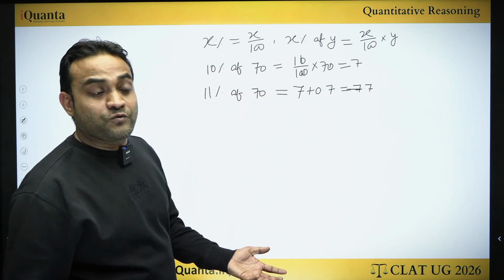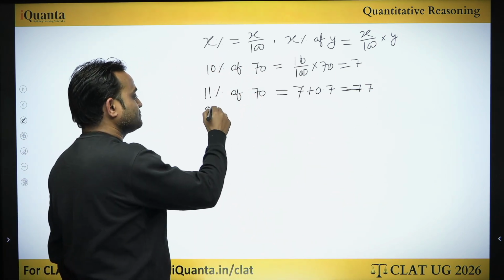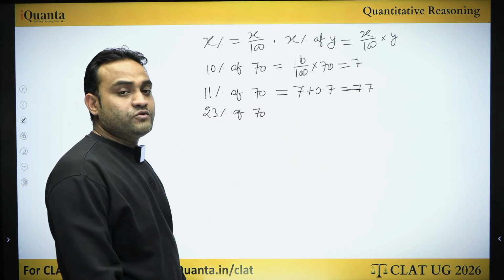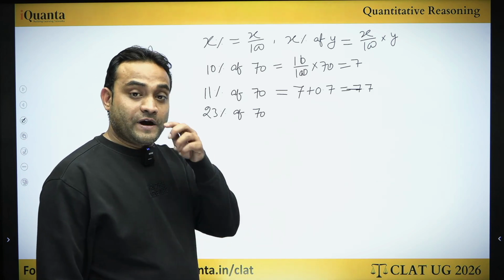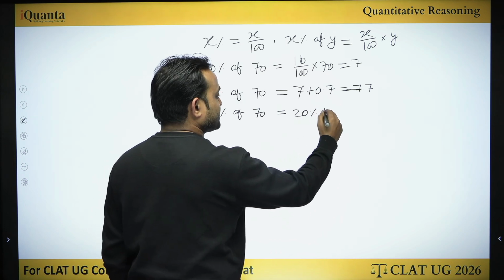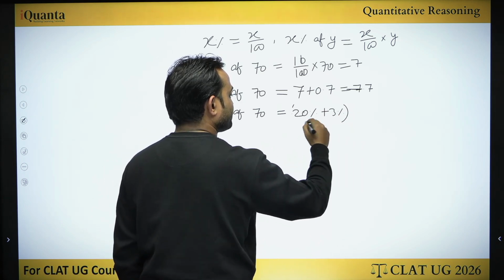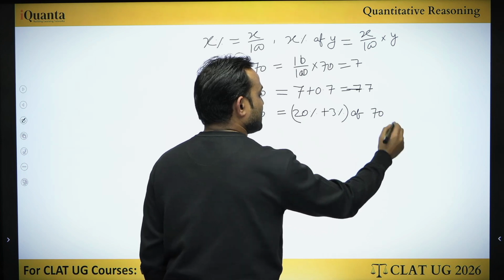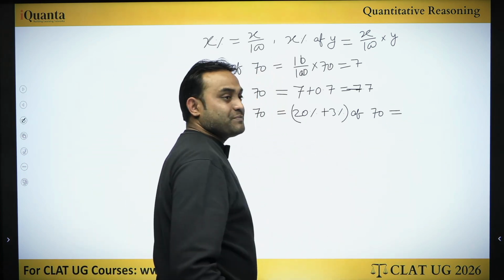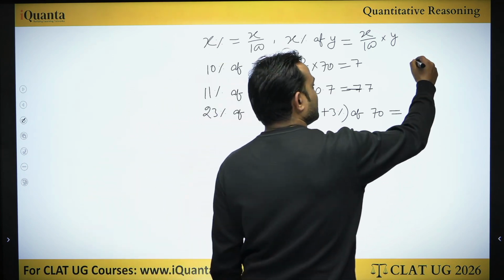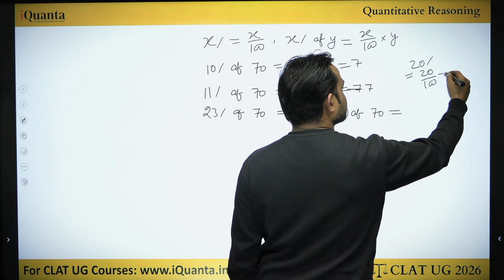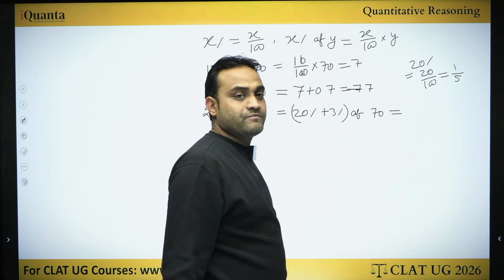Now if I want to find 23% of 70, how do we find that? We can break this 23% as 20% plus 3% of 70, right? And in that case, what is 20%? 20% means 20 upon 100, which is equal to 1 upon 5, right?